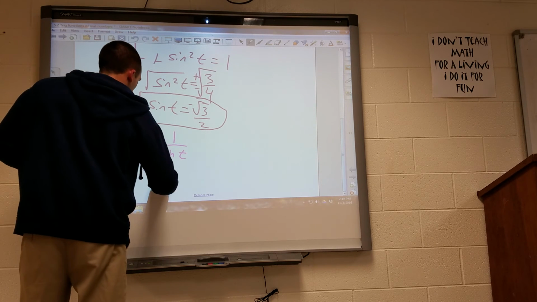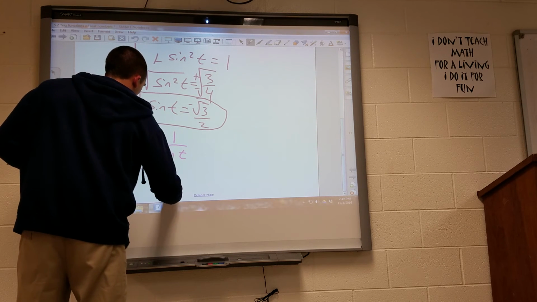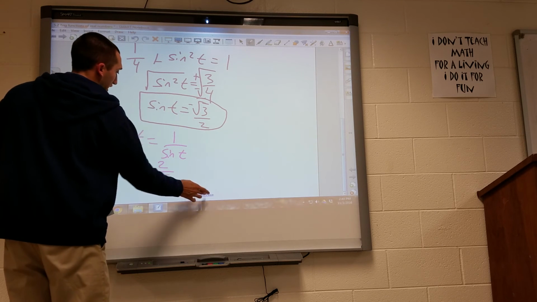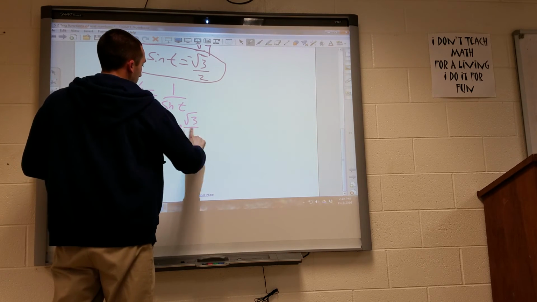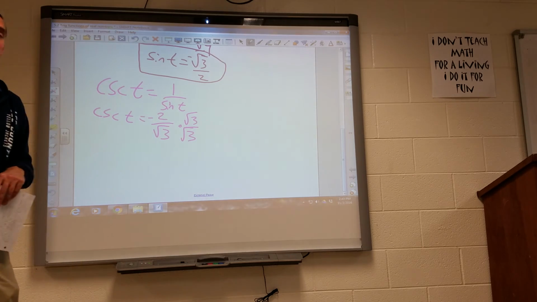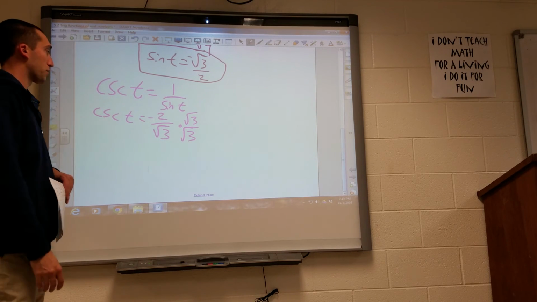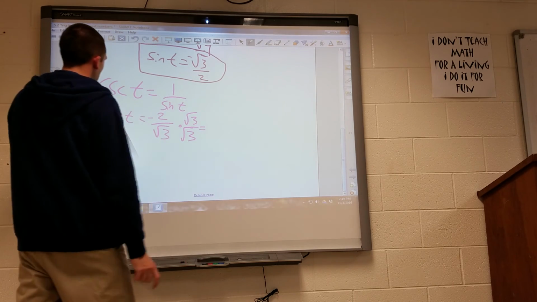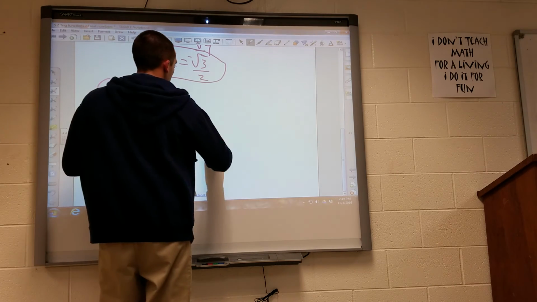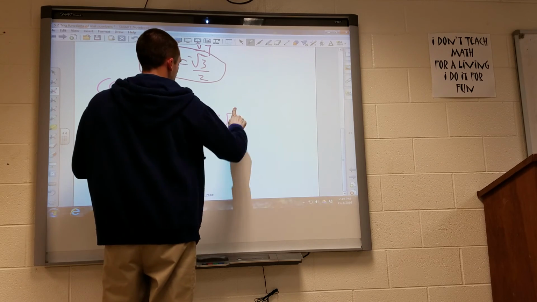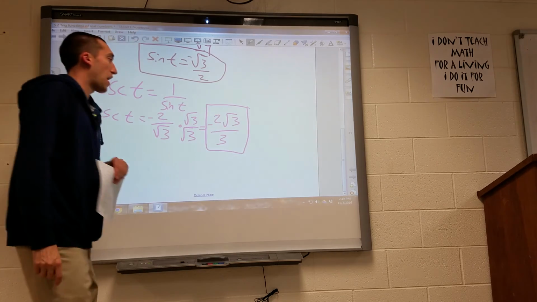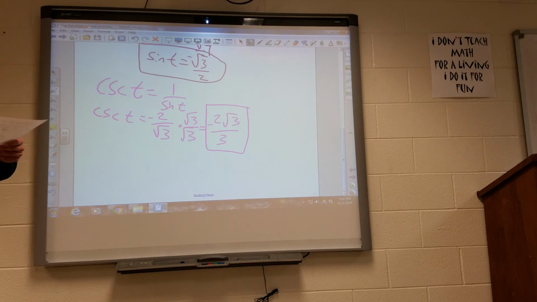It's equal to negative 2 over radical 3. But just like I said in class today, we can't have a radical in the denominator. So to rationalize it, I just multiply by radical 3 over radical 3, and I find my cosecant of t to be negative 2 radical 3 over 3.